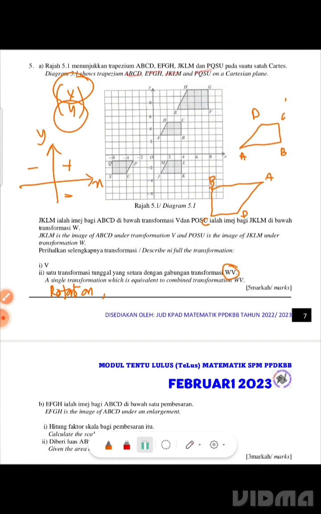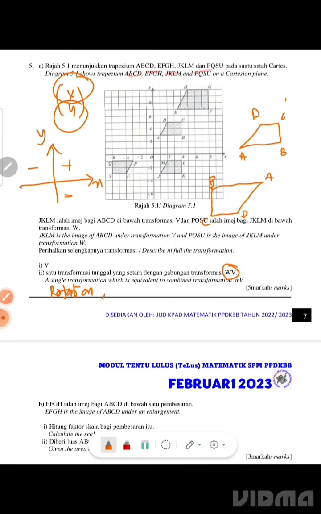For the degree, if you see here, our A, the object is here, our image is here, right? And for B, our image is here. Okay, do it again.